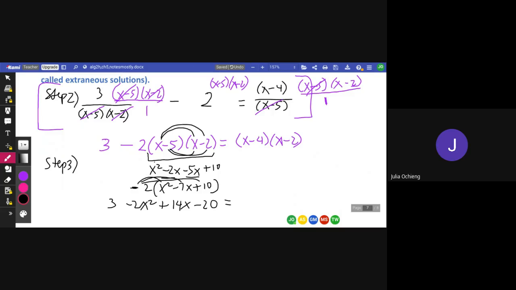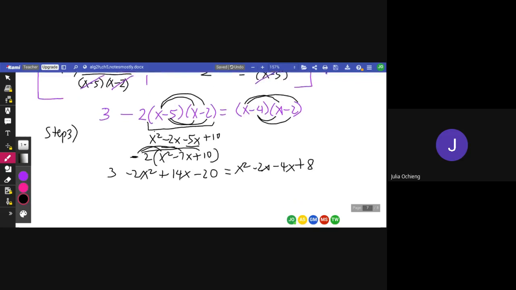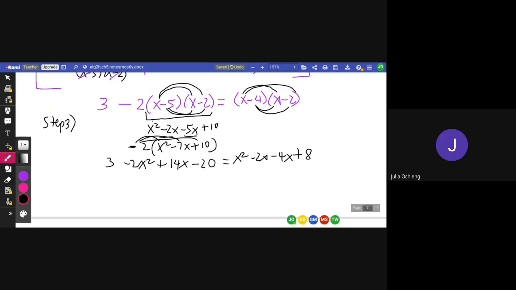The right-hand side, again, I'm going to simplify. So FOIL, so x squared minus 2x minus 4x plus 8. And you might want to just pause the video here and see if you can solve the rest on your own. And in the meantime, I'll go ahead and solve this, assuming that you've done that if you want to.